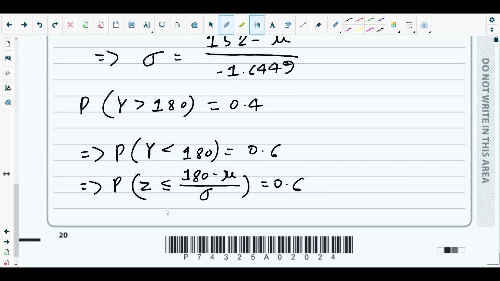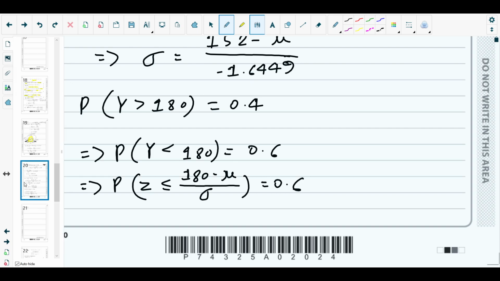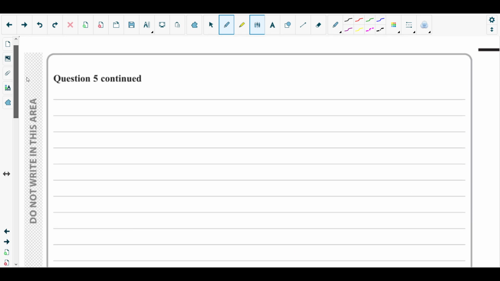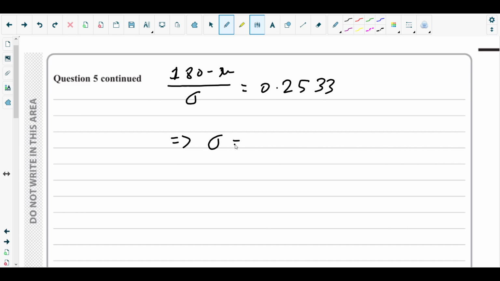So what we can write here is that 180 minus the mean over the sigma is equal to 0.2533. Now again we can make sigma the subject, so we will get 180 minus mu over 0.2533.